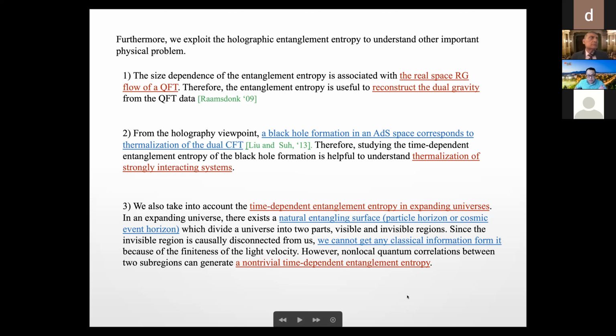That is the reason we are studying time-dependent entanglement entropy in the expanding universe. Using quantum entanglement entropy, we can get time-dependent entanglement entropy even though the two systems are causally disconnected. That is the main motivation for considering entanglement entropy in the expanding universe.